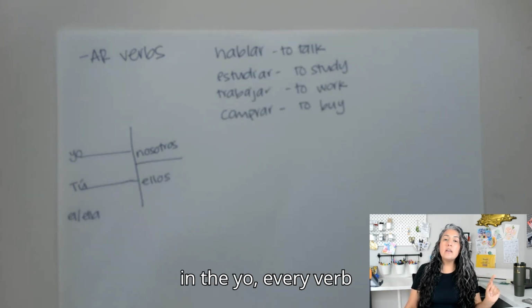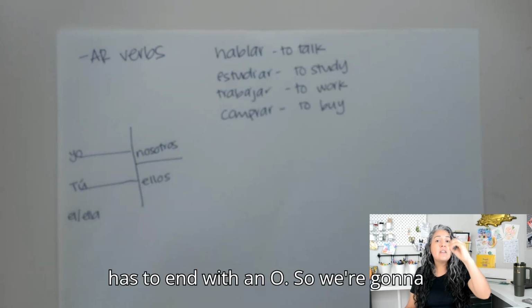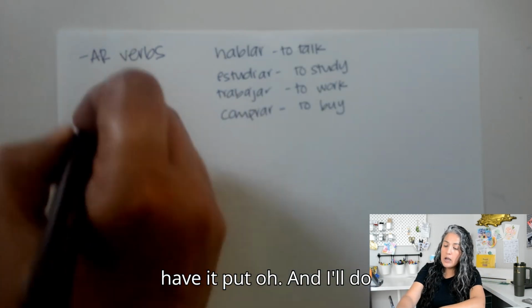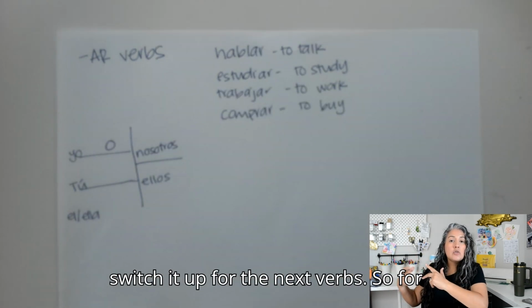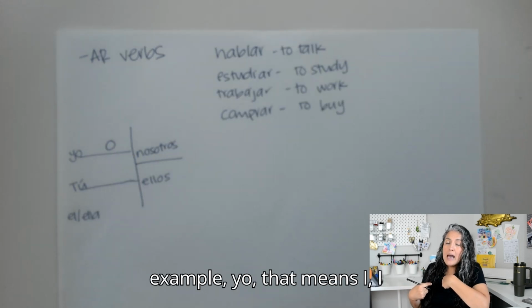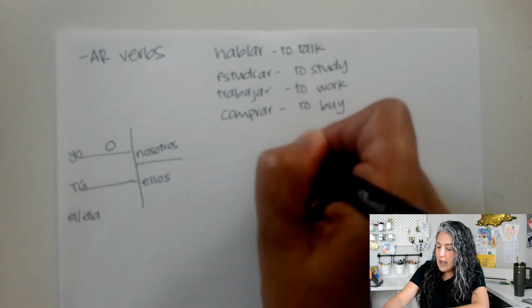So we have in the yo, every verb, AR ending, regular verb, has to end with an O. So we're going to have to put O. And I'll do it for the verb hablar, and then we can switch it up for the next verbs. So, for example, yo, that means I. I talk. Yo hablo.